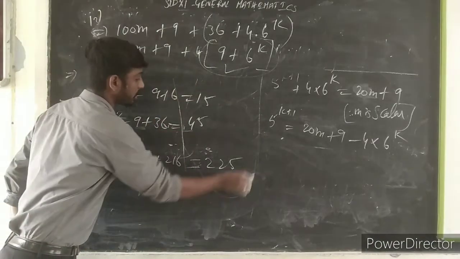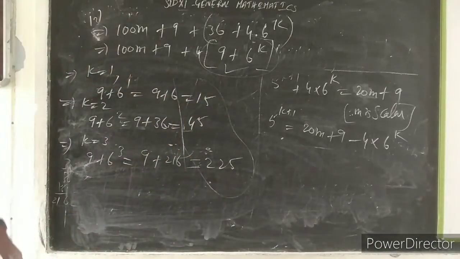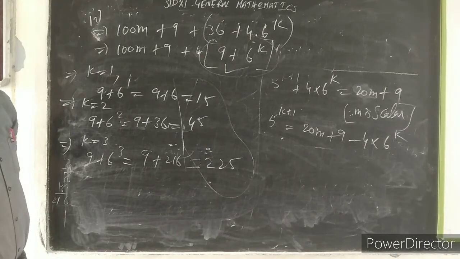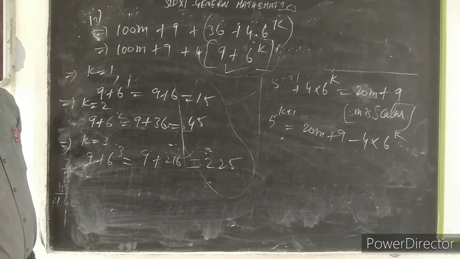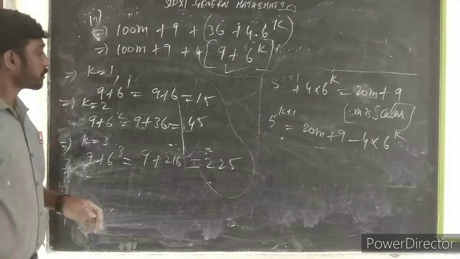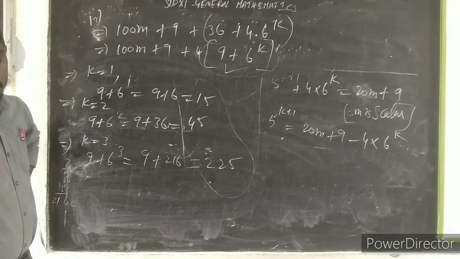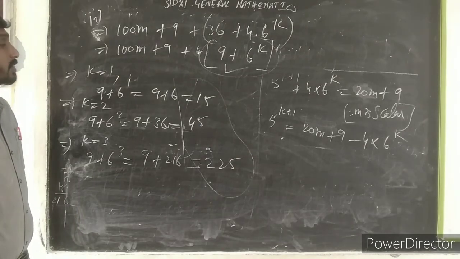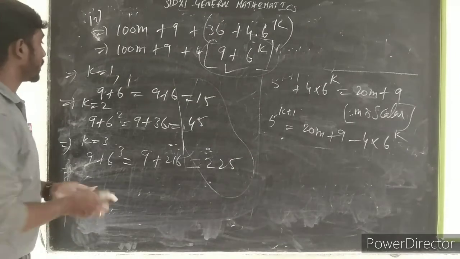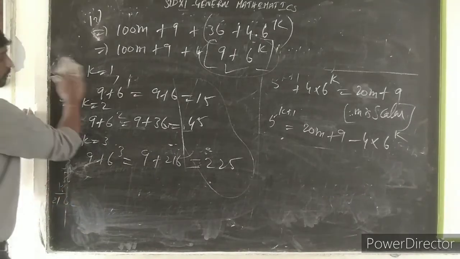These three terms are divisible by 15, multiples of 15. So 6^k plus 9 is divisible by, a multiple of, 15, so you can write the condition like this.